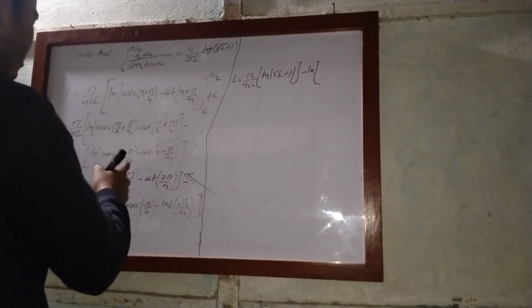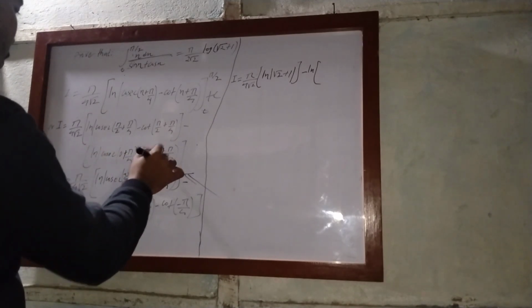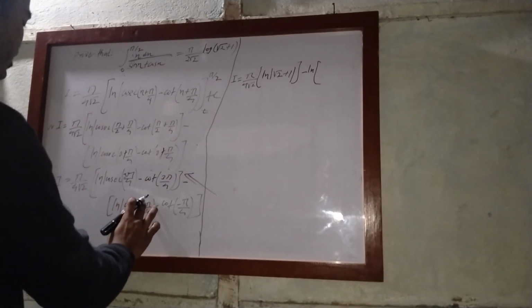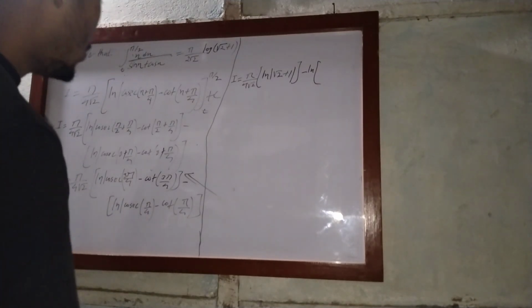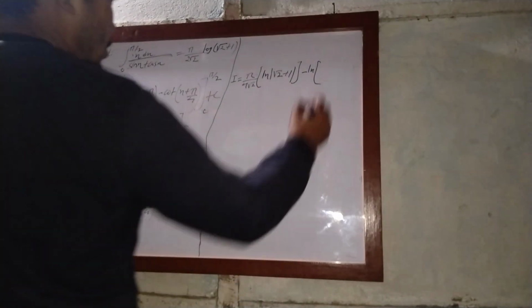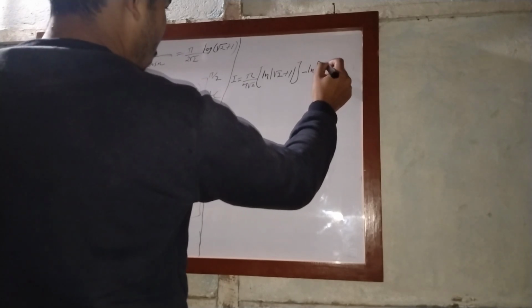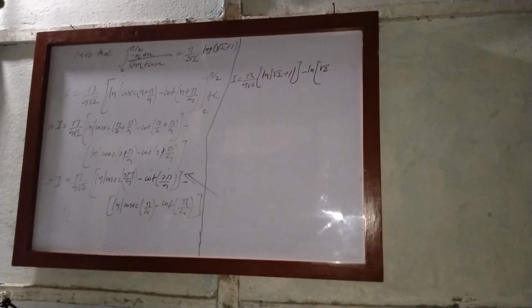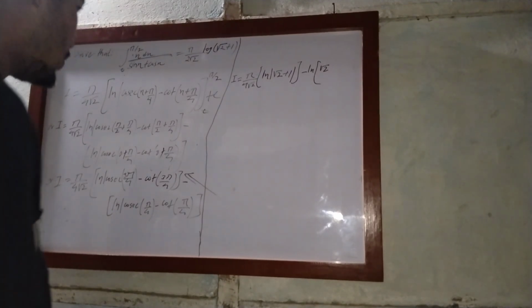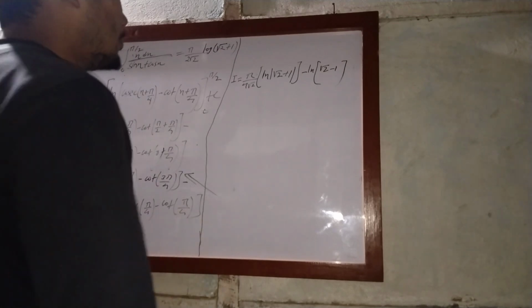Sine 45 is 1 by root 2. That's why cosec 45 is root 2. And again, this is your minus. Tan 45 is 1. That's why cot 45 is 1, with minus 1 from the sign.